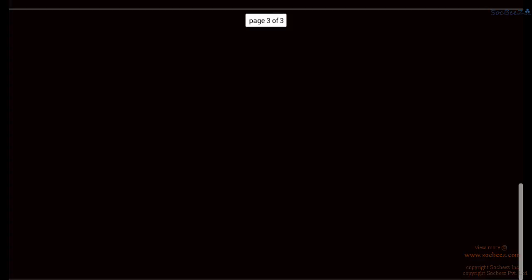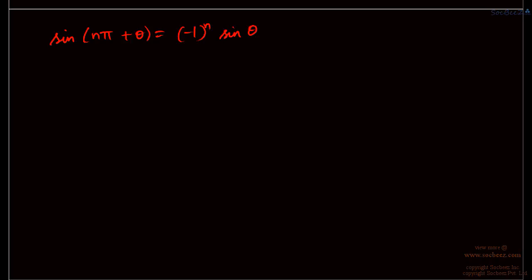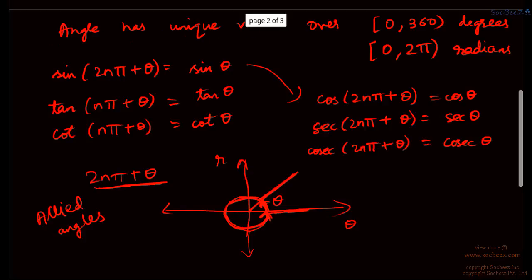Now there are a few more formulae for these allied angles. Sin of n pi plus theta can be written as minus 1 power n sin theta. So if you put n equal to 2 here, this becomes sin of 2 pi plus theta equals minus 1 power 2, that is just 1, into sin theta, as we saw here.